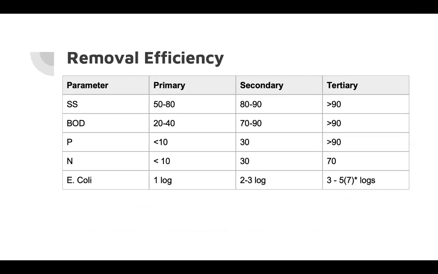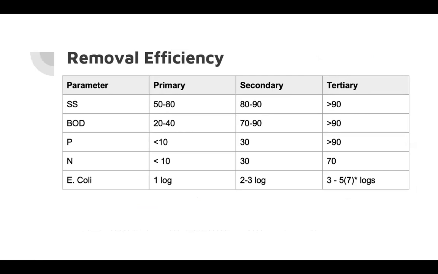This here is the removal efficiency of each contaminant. We have suspended solids in the primary treatment, which is 50 to 80%. And as it goes to secondary and tertiary, it would increase. Same goes with the BOD, phosphorus, and nitrogen, and also E. coli, which is measured in log phases.